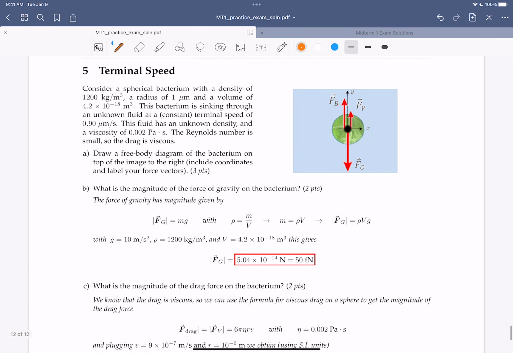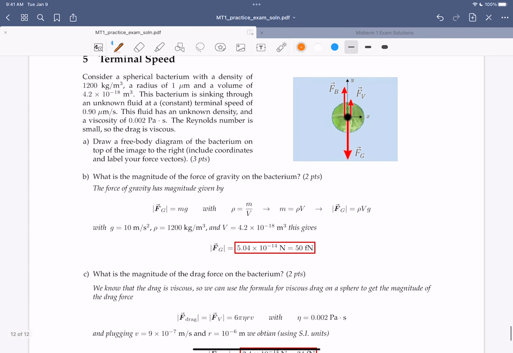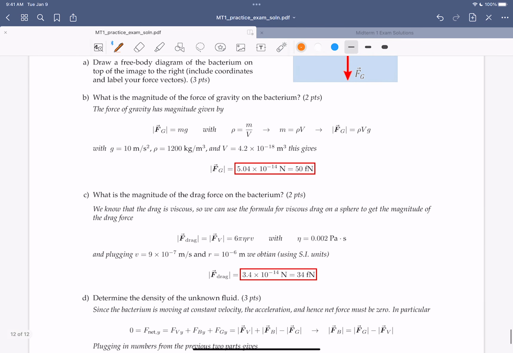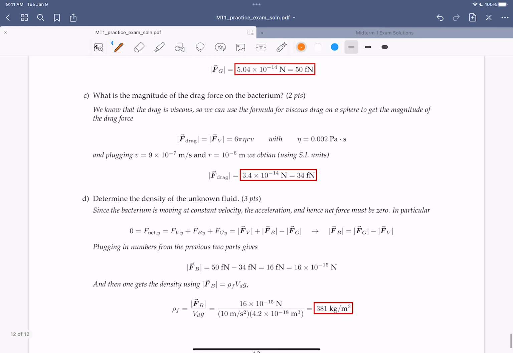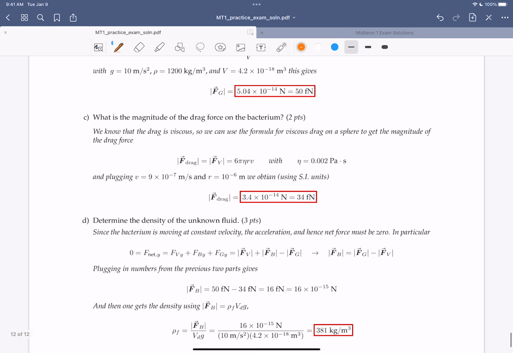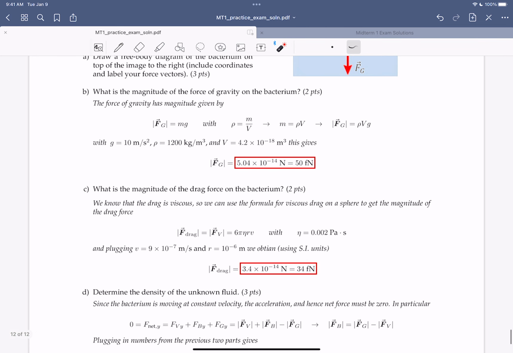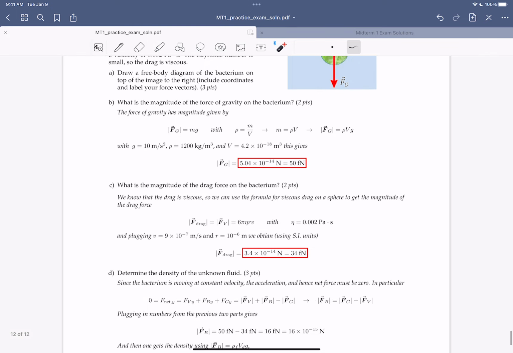Or did they not give you buoyancy? I'm just going back and checking through the problem. They had 16 times 10 to the negative 15 newtons for the buoyancy here. I'm just trying to look for how they came up with that.